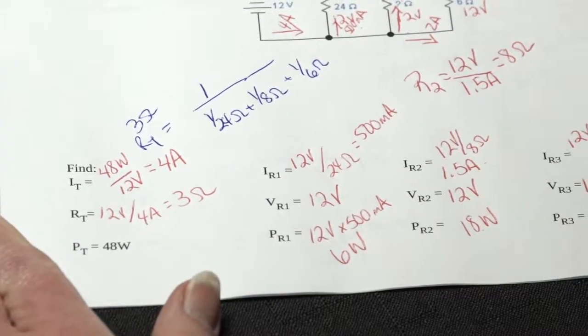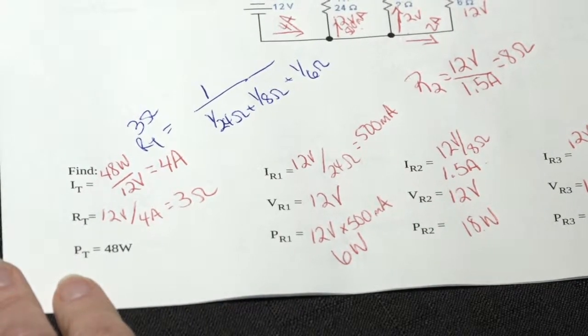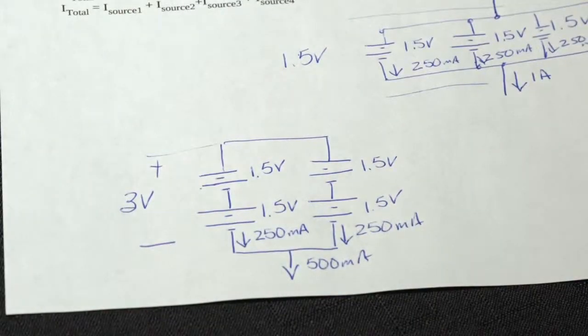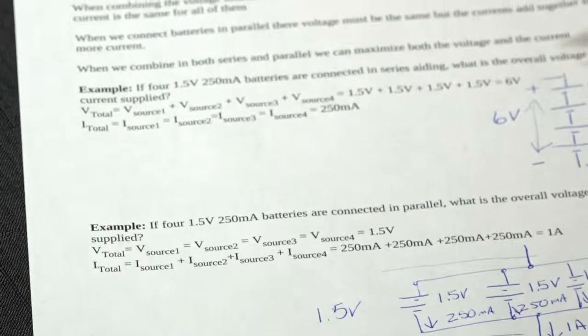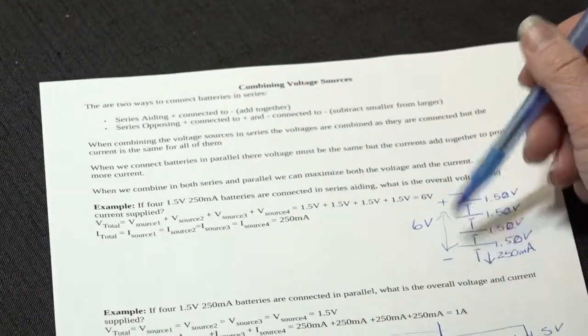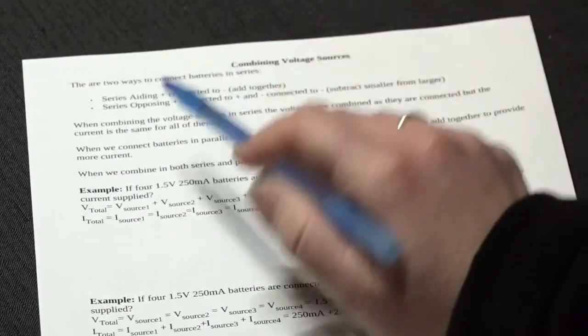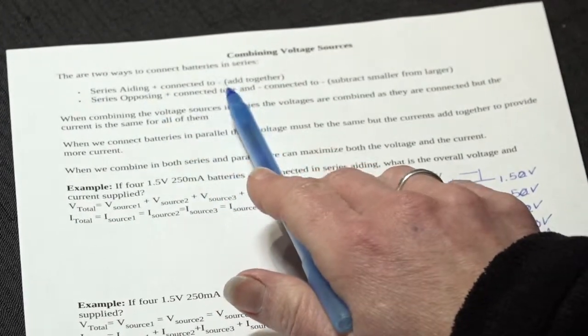Now, one more concept to keep in mind when dealing with series and parallel circuits is often in reference to combining voltages and series aiding and series opposing. We know that when things are in series aiding, the plus is connected to a minus.